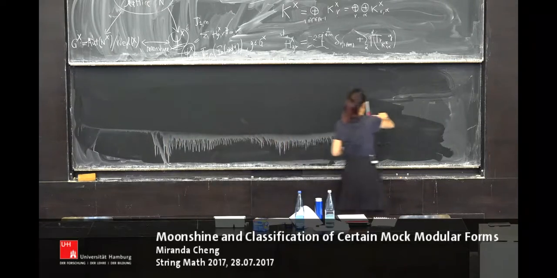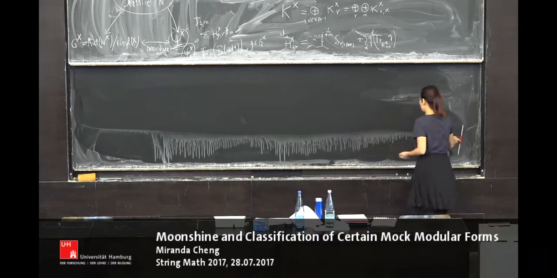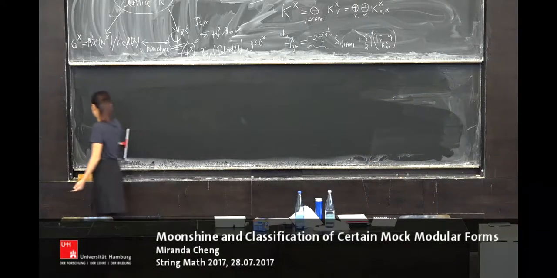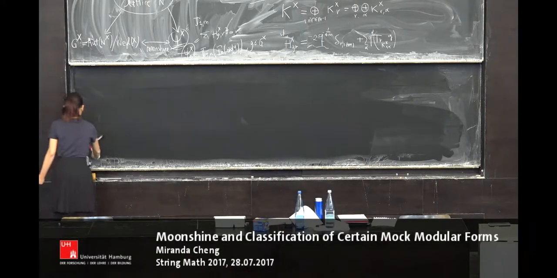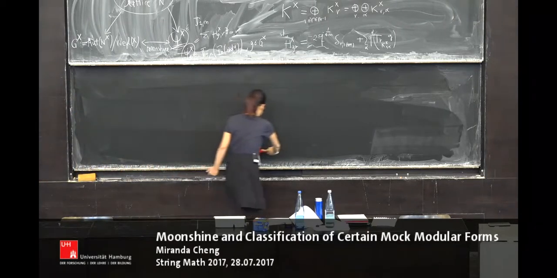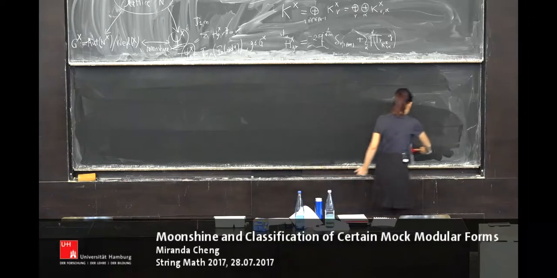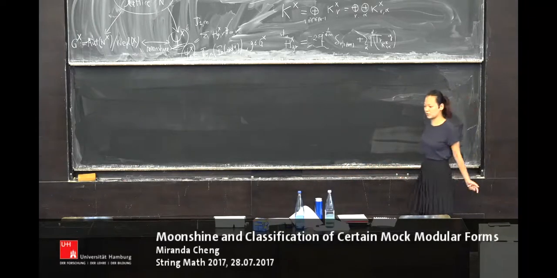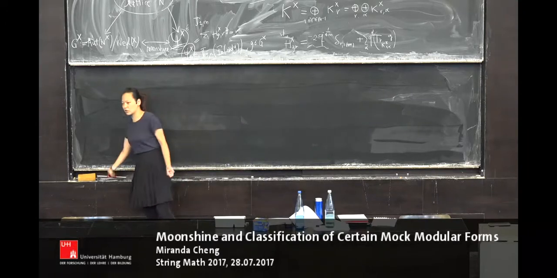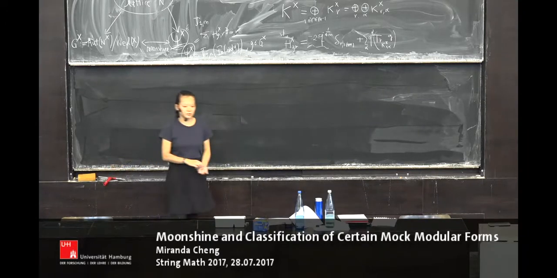And in the world of modular forms, we know that the growth of coefficients is connected to how deep the poles are when you go to i infinity. That's known, for instance, in terms of the Cardy formula and so on. But the same is actually true, you can show, for the Mock forms.